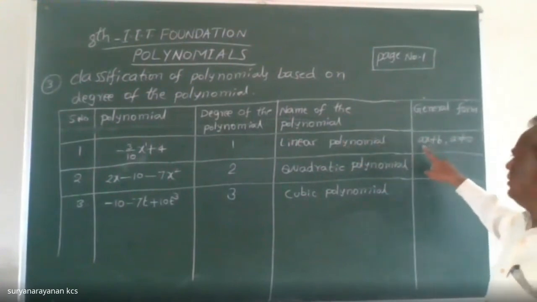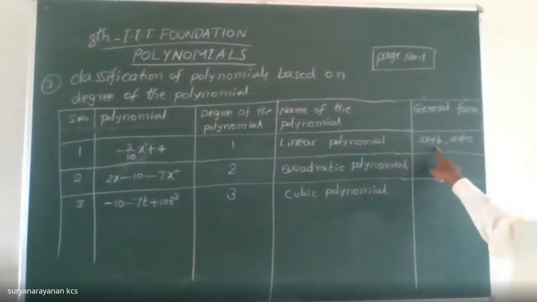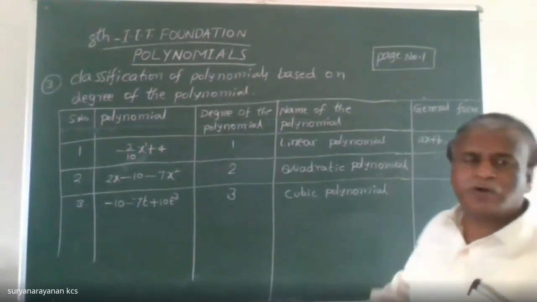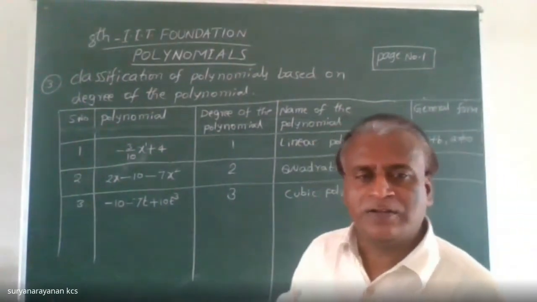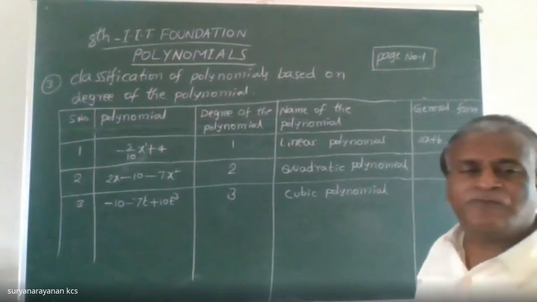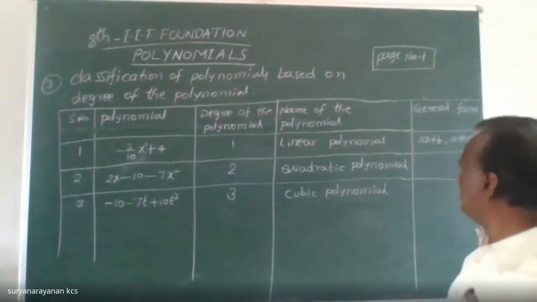A linear polynomial will be in the form of ax plus b, where a is not equal to 0. This is the general form or standard form of a linear polynomial.